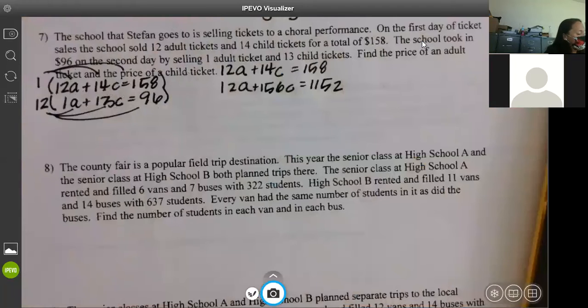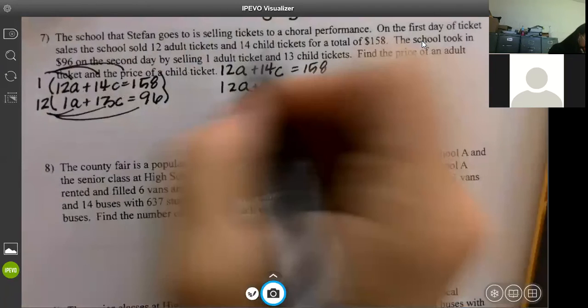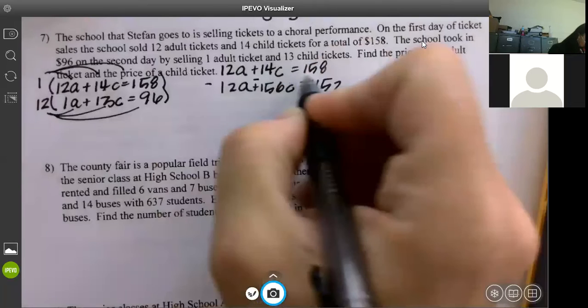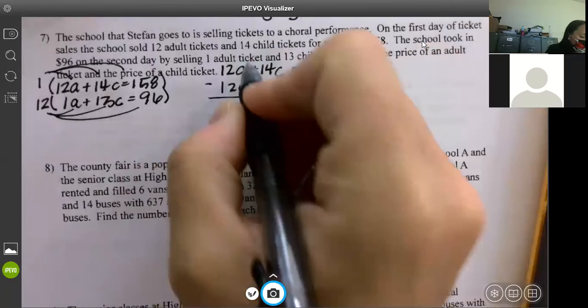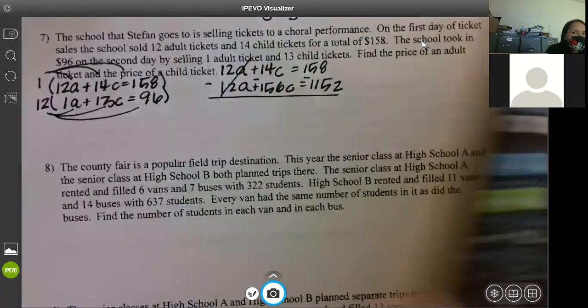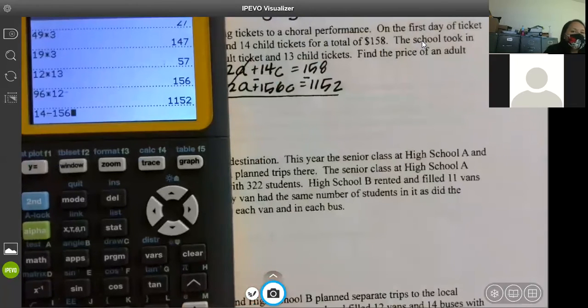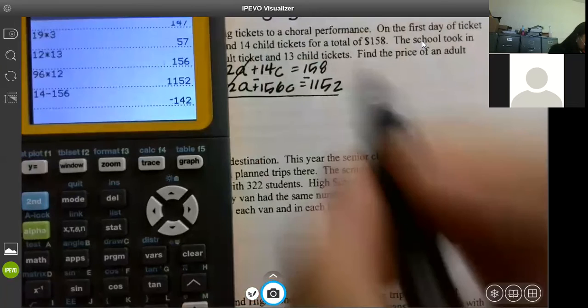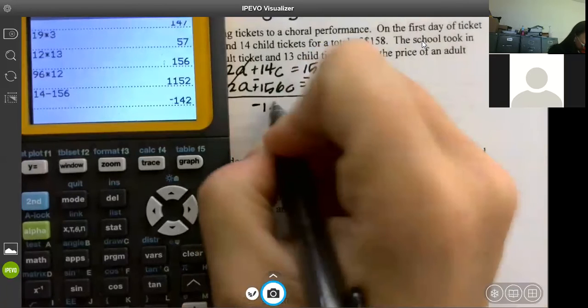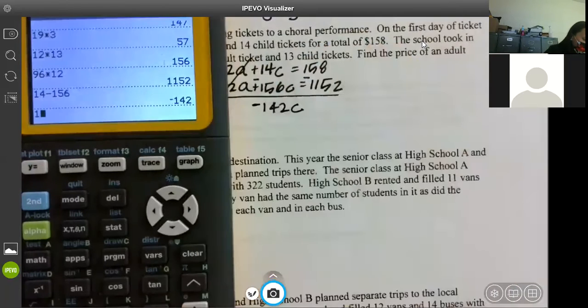Now I have my A's that look the same. How do I get them to cancel out? Change your signs. I have 14 minus 156. What did I get? Negative 142. 158 minus 1152.